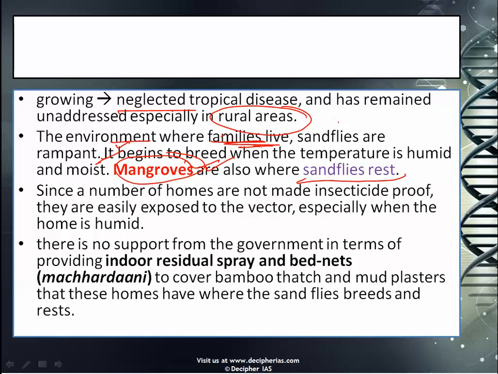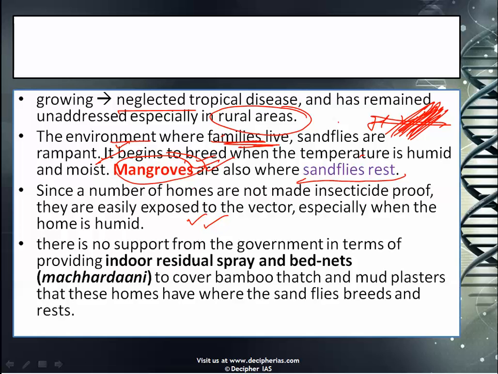So near the mangroves, the homes or small huts are made with a thatched roof, of small bhusa as we call it, that the cow eats, that is used to make the roof, due to which the sandfly can easily enter and bite the humans.